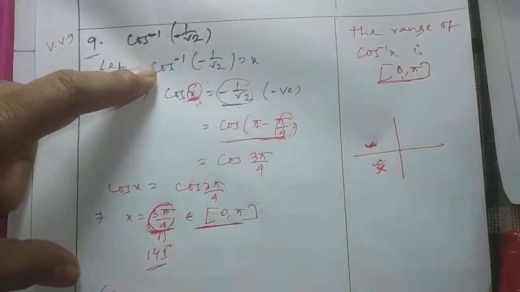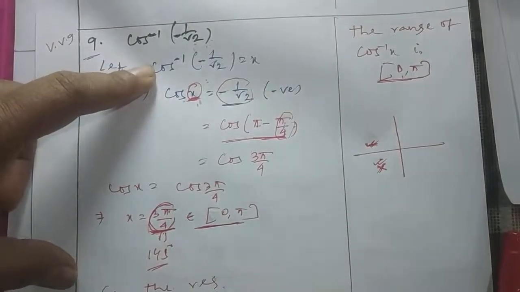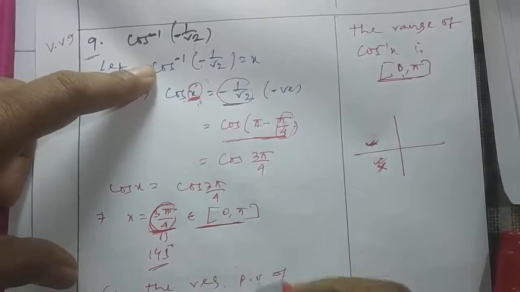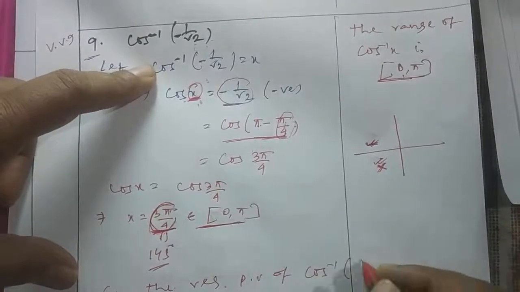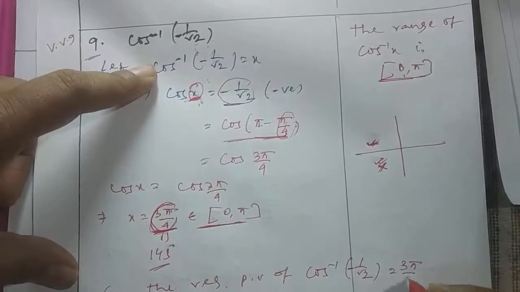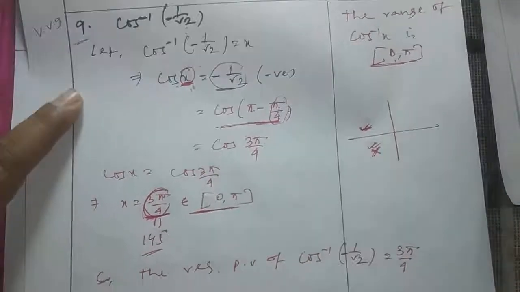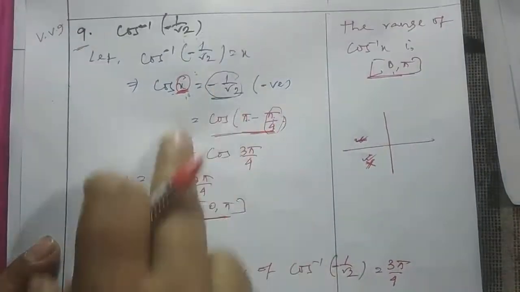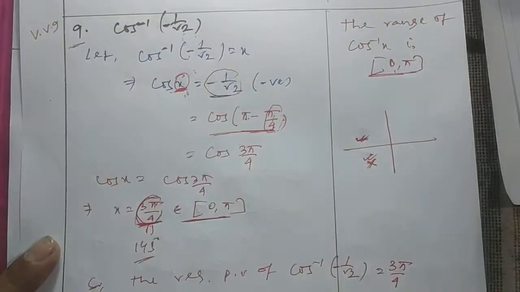So write: the required PV of cos inverse of minus 1 by root 2 is 3 pi by 4. So here we have found the PV in a different way.